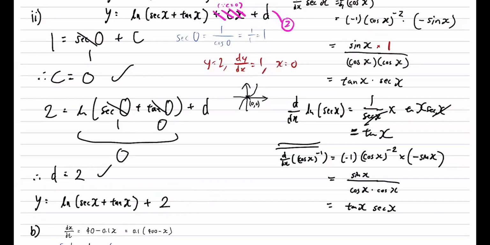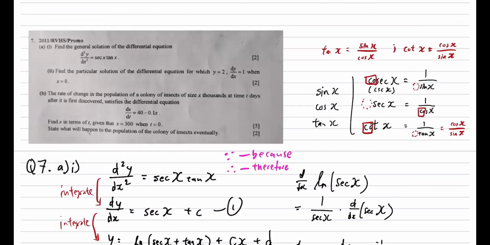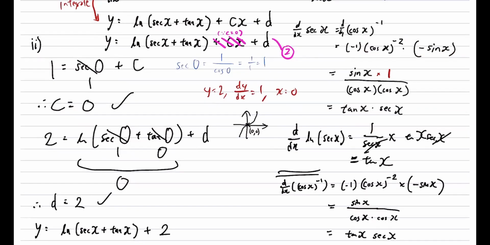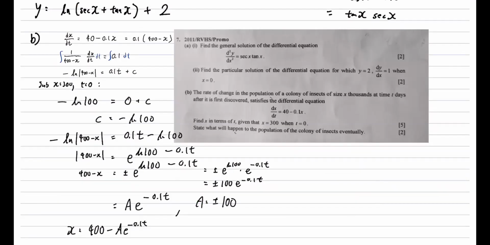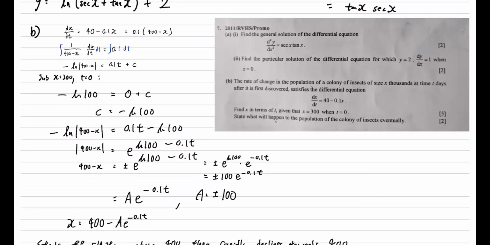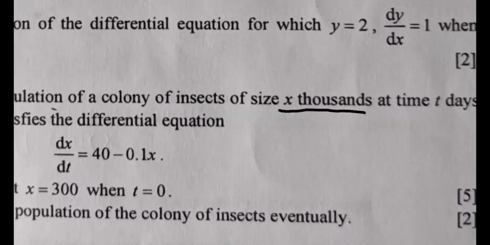Okay, good. Now let's move on to part B. Let me copy down the question so I can stop scrolling up and down. Paste it over here at the side. Hope it's not too small. Okay. So part B, what did they ask us to do? The rate of change in the population of a colony of insects of size x thousands. Take note, here when they say x thousands, you have to be very careful.